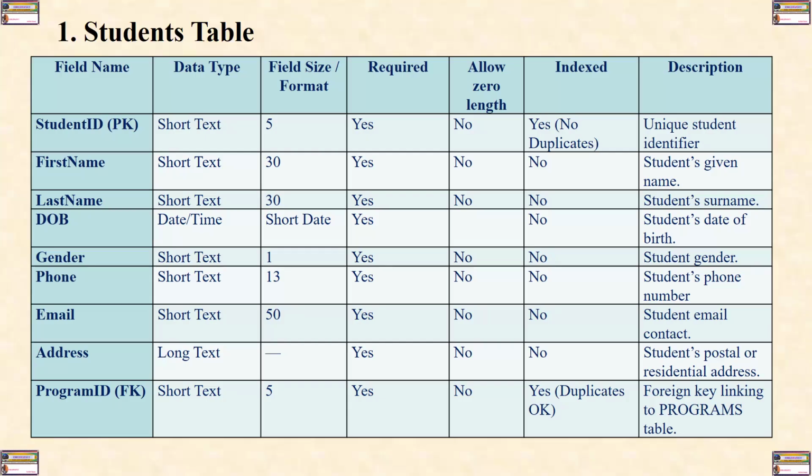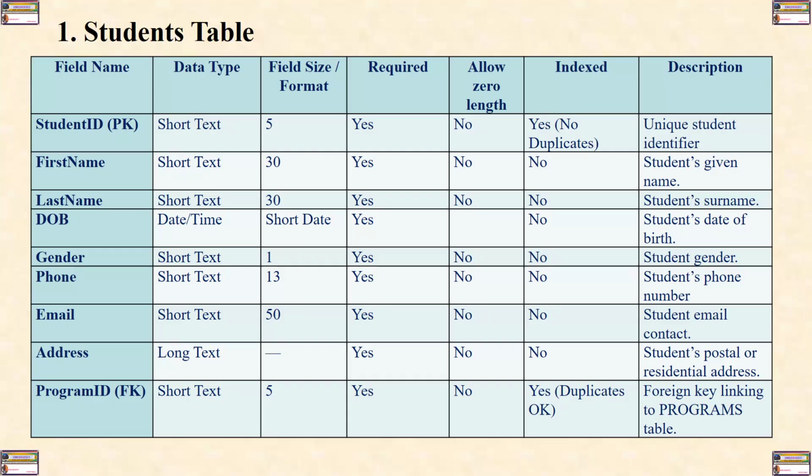For my table, I have set it in a way that there is no option. The field must be entered and it cannot be empty. So the allow zero length property simply means, do you want to leave it empty or not? For our case, ours is no. As you can see, the field for date of birth is not set for zero length, because as long as it exists, it has its own length.